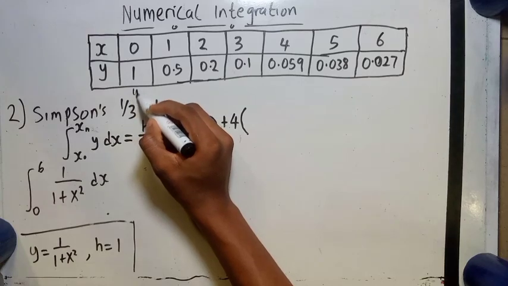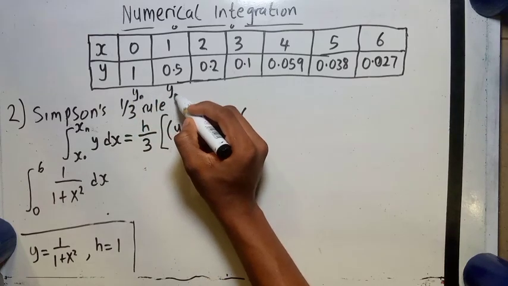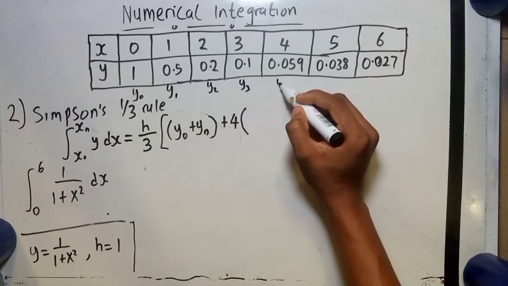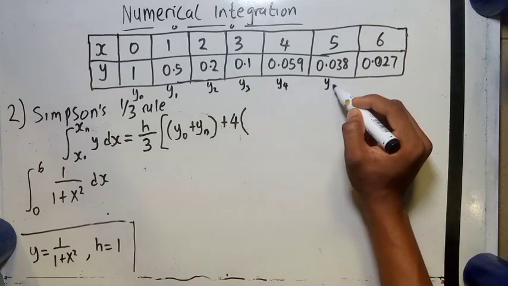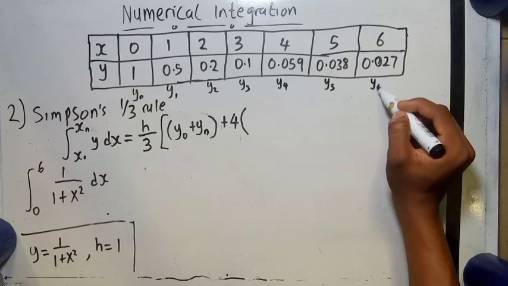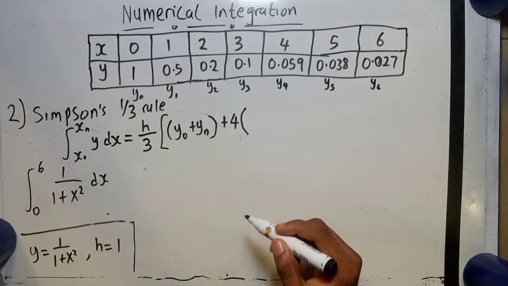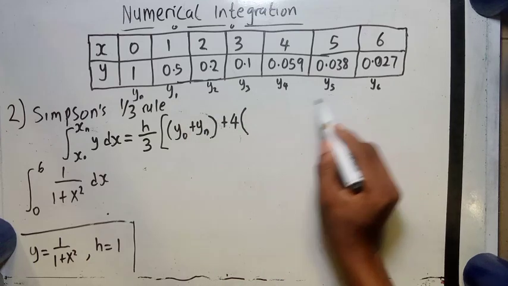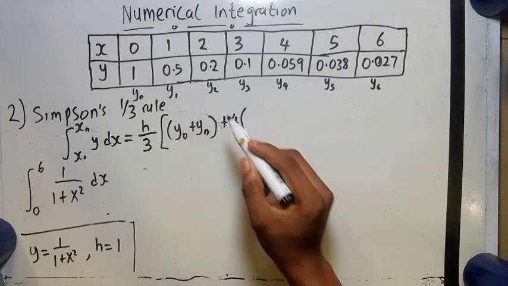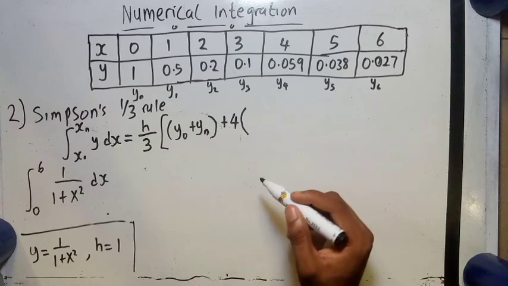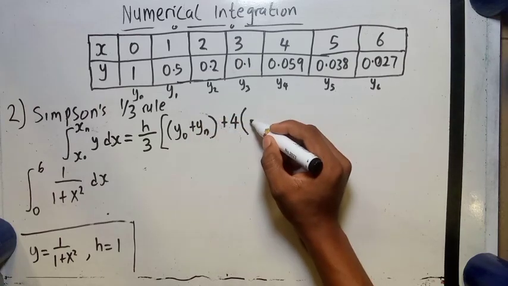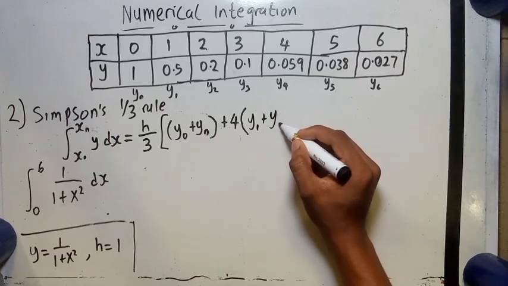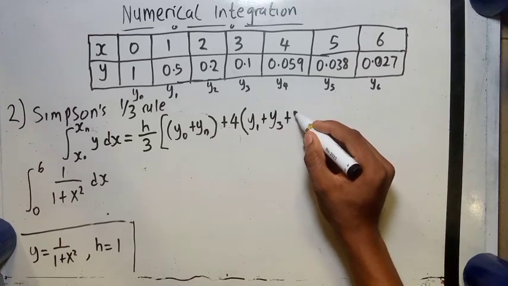This is y0, y1, y2, y3, y4, y5, and y6. Now what we're going to be using is the ones with the odd numbers. For this one with 4, the ones with the odd numbers is what we're going to be making use of at first. What I mean is this. So we're going to be having y1 plus y3 plus y5.